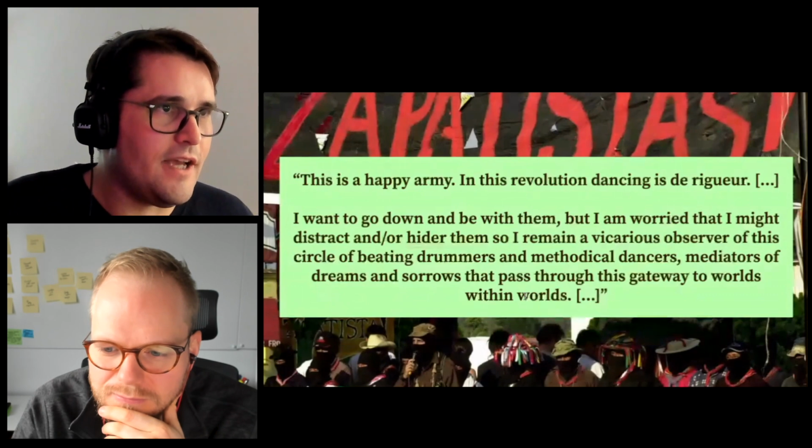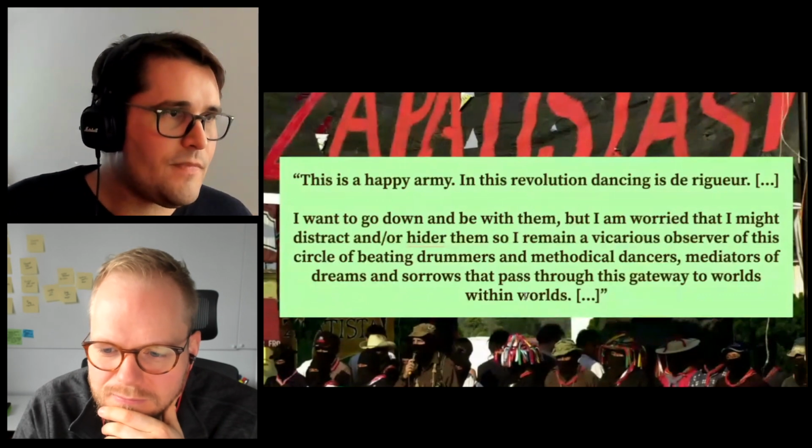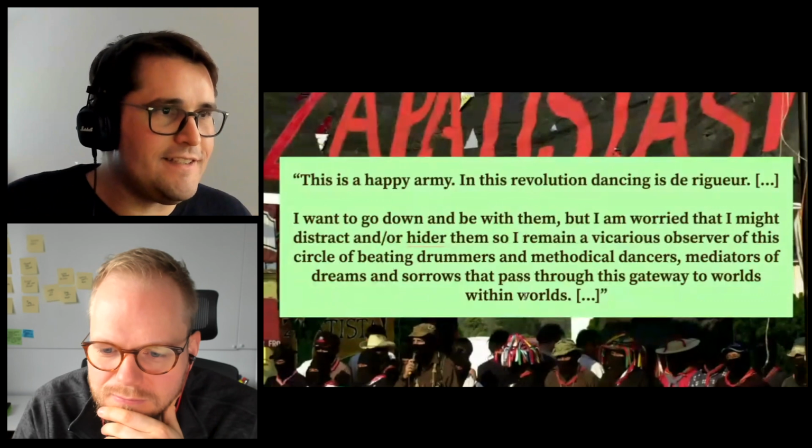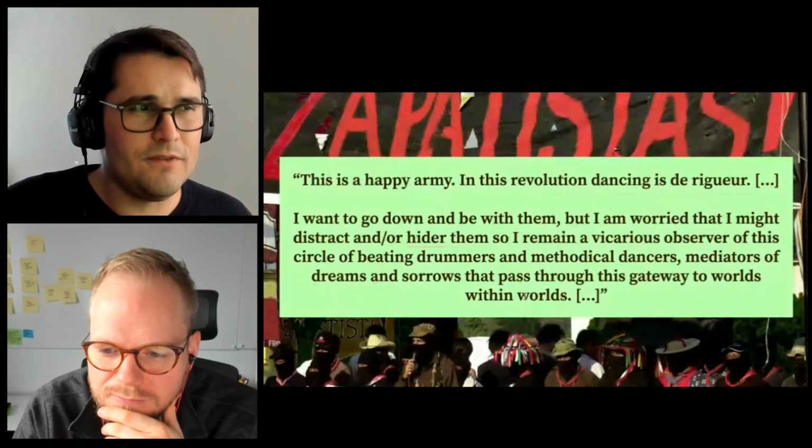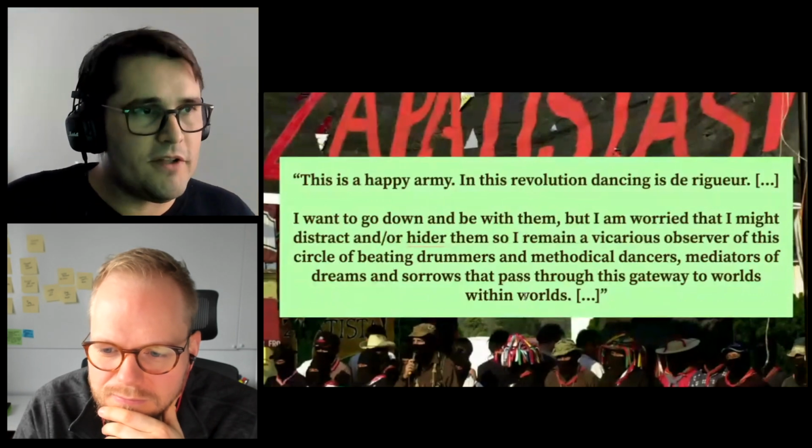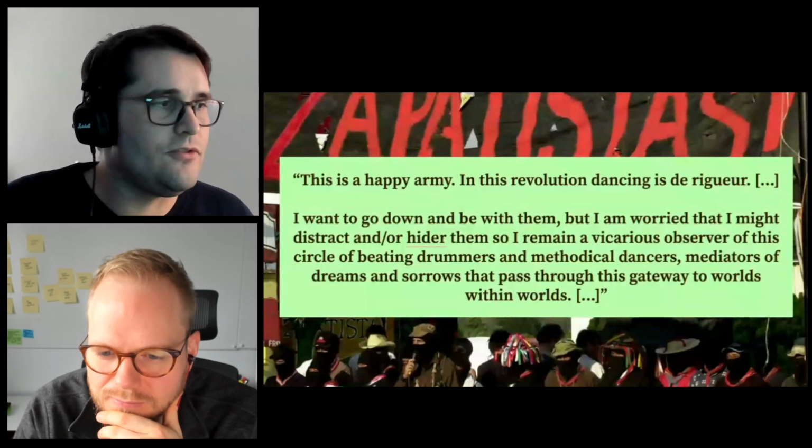Doing this revolution connects the two in a way where they are still existing as two distinct worlds, but with a lot of relation between them.